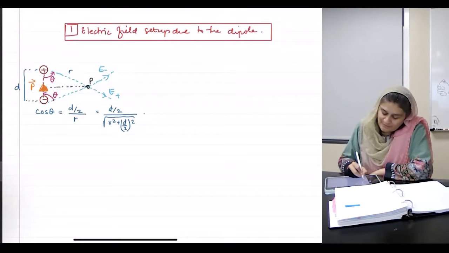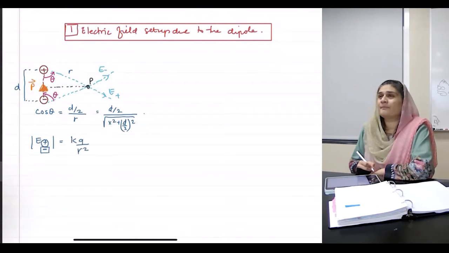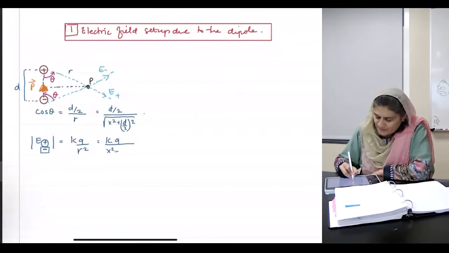May I also write E plus or minus, both, as KQ over r squared magnitude? Or KQ over x squared plus d over 2 squared.